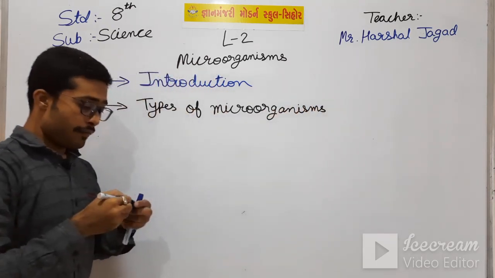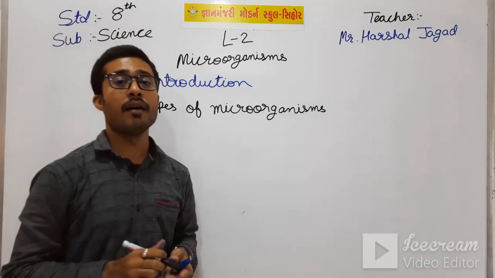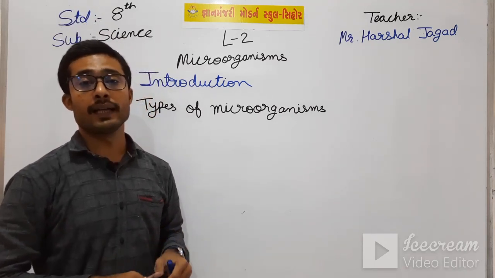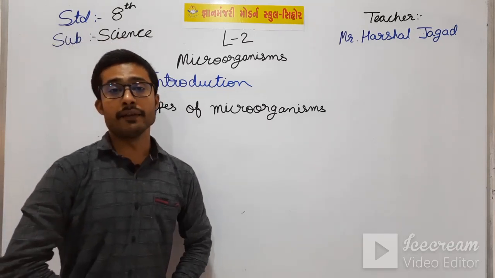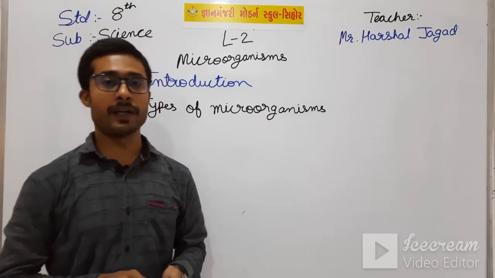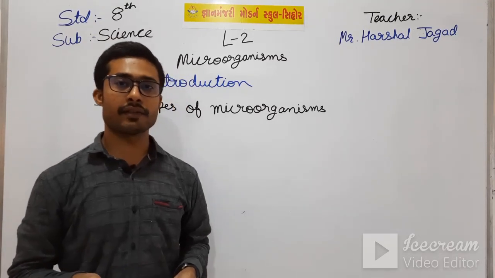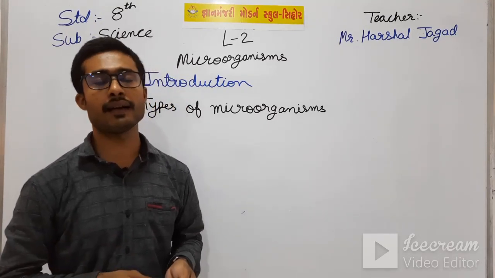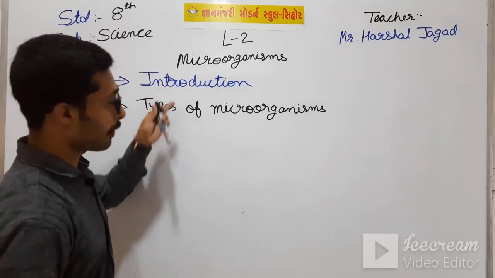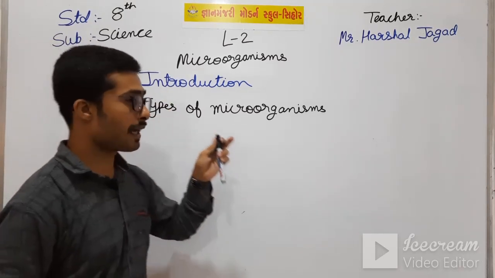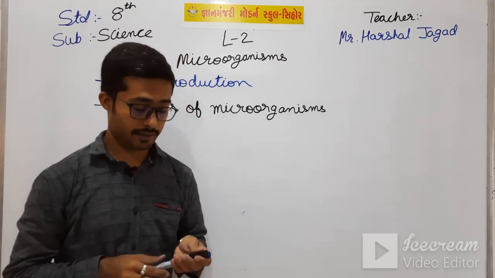So mainly there are 5 types of microorganisms, in which ma'am has told in depth about viruses, fungi, etc. So first of all we have studied the introduction, then types of microorganisms in the very first lecture.